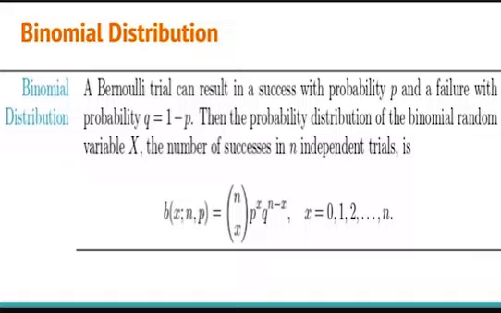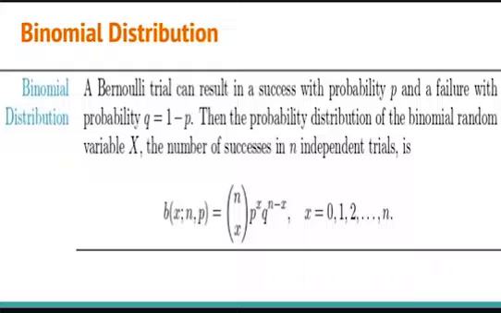For Bernoulli, the f of x is this guy here, where x starts from 0 and stops at 1. What is P? The probability of success. What is X? Number of success. The probability of success will carry number of success.